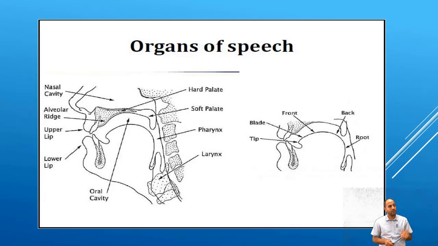In the roof of the oral cavity we have what's called the palate, which is divided into three main parts.